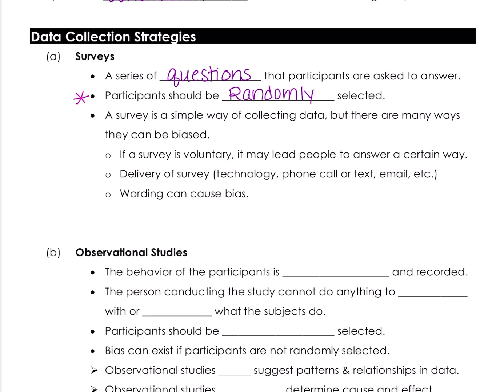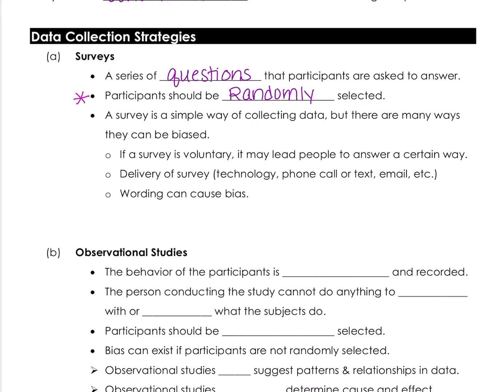Take into consideration technology, phone calls or texts, emails. An example of this is when the world was shutting down with COVID. A lot of school districts reached out to the community, to students, to parents, to ask, hey, do you have the technology available to do remote learning from home? And guess how they delivered that survey? They sent it out in an email.